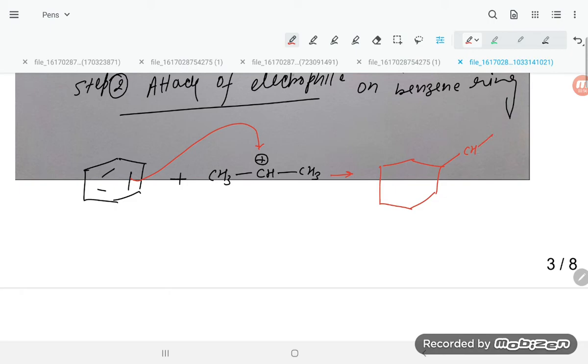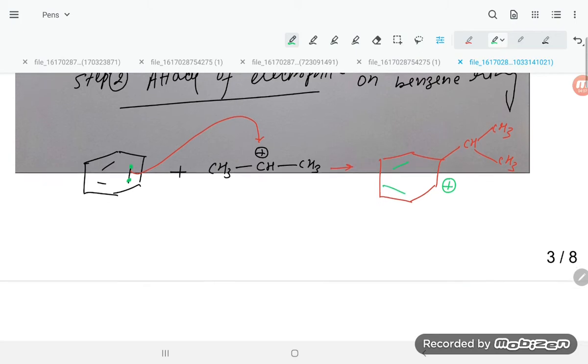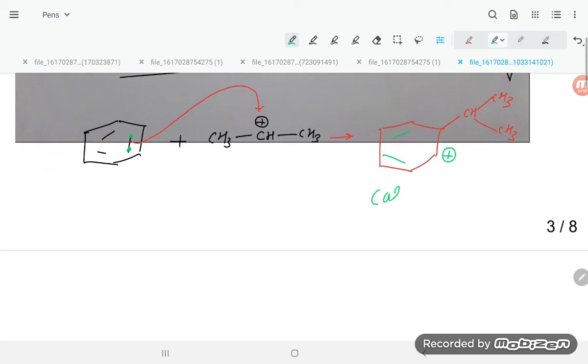This is the CH, this is CH3, here is CH3. You can check that both electrons are involved in the bond formation, so here the positive charge is taking place and this is becoming a carbocation, right? At the same time in this carbocation there is hydrogen also.